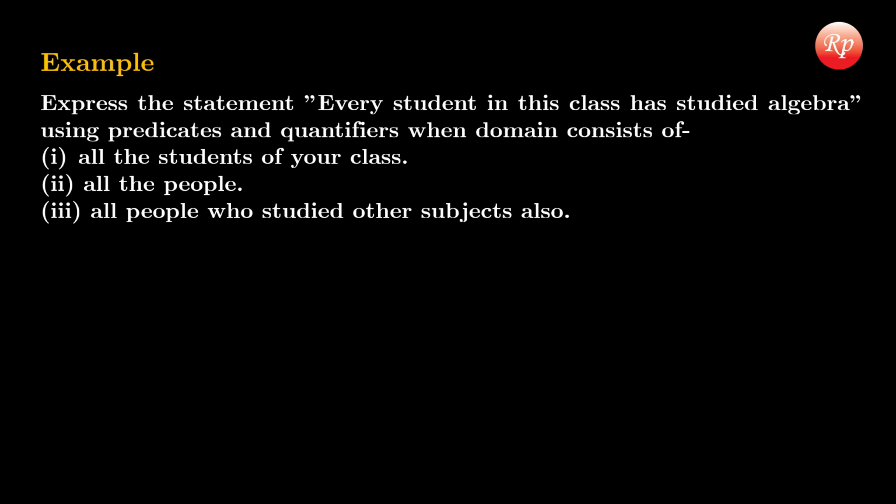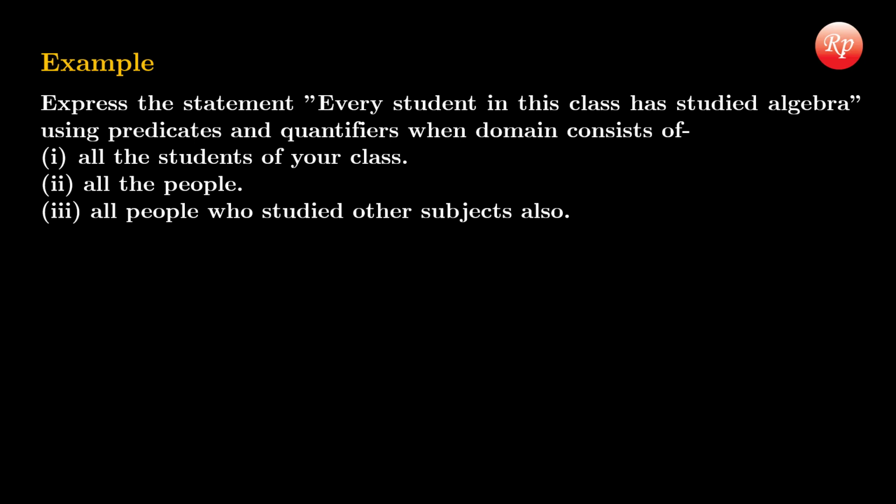Express the statement: every student in this class has studied algebra, using predicates and quantifiers when the domain consists of, first, all the students of your class, second, all the people, third, all the people who studied other subjects also, apart from algebra.